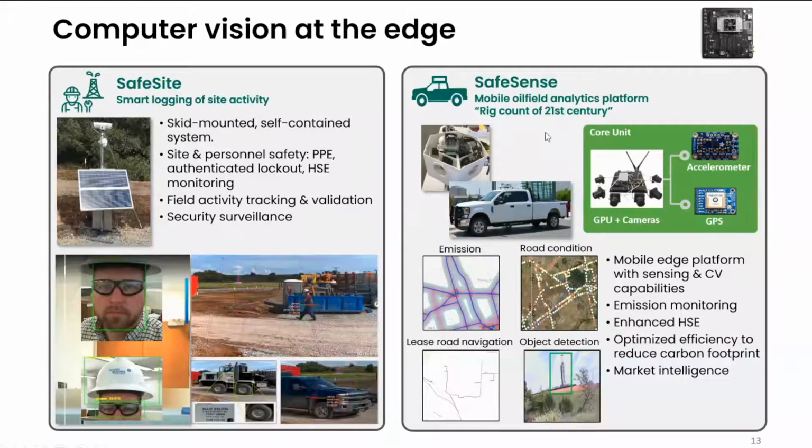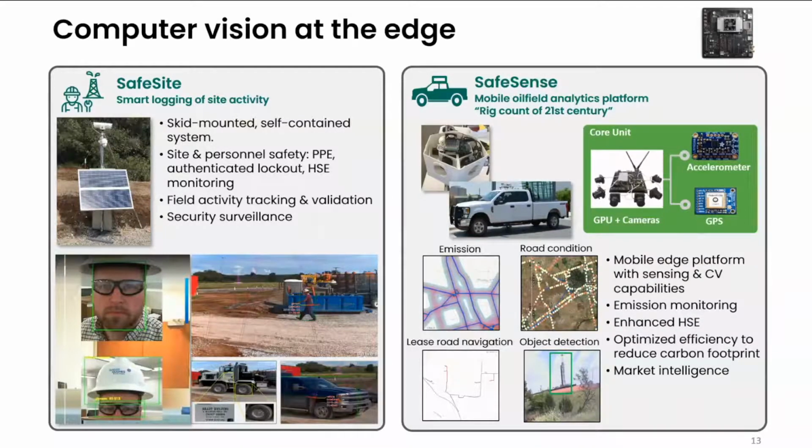Another application is a sister application, which we call SafeSense, where we apply a lot of sensors with edge GPU devices on our Baker service trucks. In North America, we have more than 4,500 service trucks running in the field every day, so they have very unique access to the field activities and some remote sites.